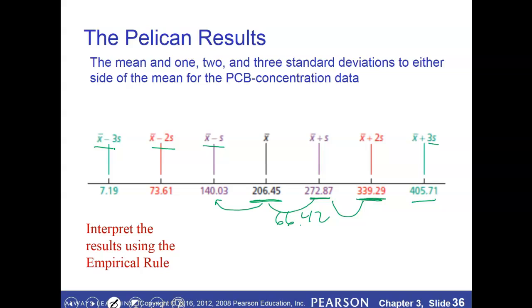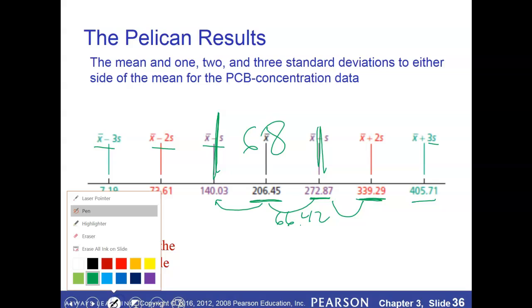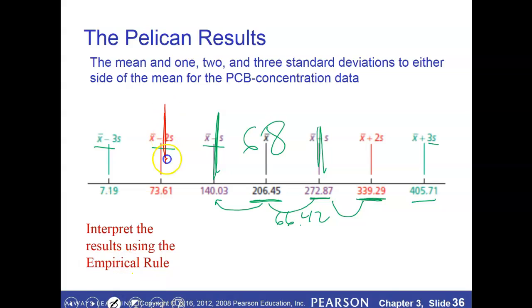We would say that 68% of all of the data values would be within 140.03 and 272.87. Then I could go on and say that between 73.61 and 339.26, that would be 95% of the data.